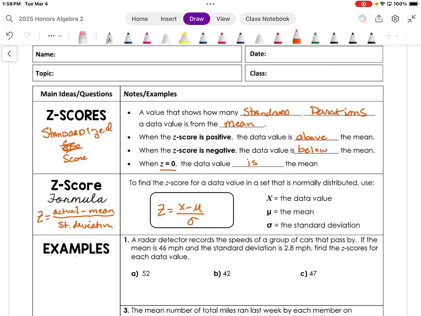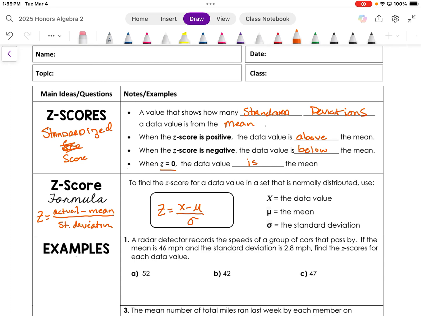You tell me what the actual score was, which means we're going to do inverse operations and back solve. Because eventually, again, there's 4 variables up there: z, x, mu, and then standard deviation. Four variables. They're going to tell us any 3, we can find the 4th one. All right, that's what they're going to ask us in different situations. Any one of those variables we can solve for, we just got to know the other 3.